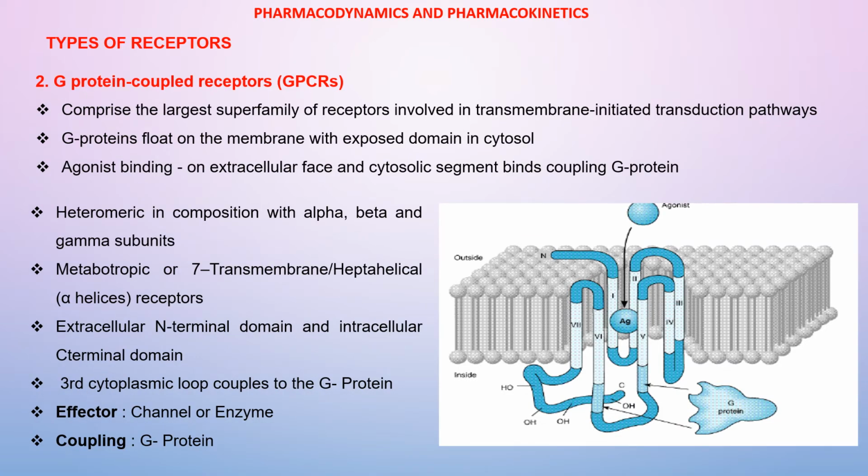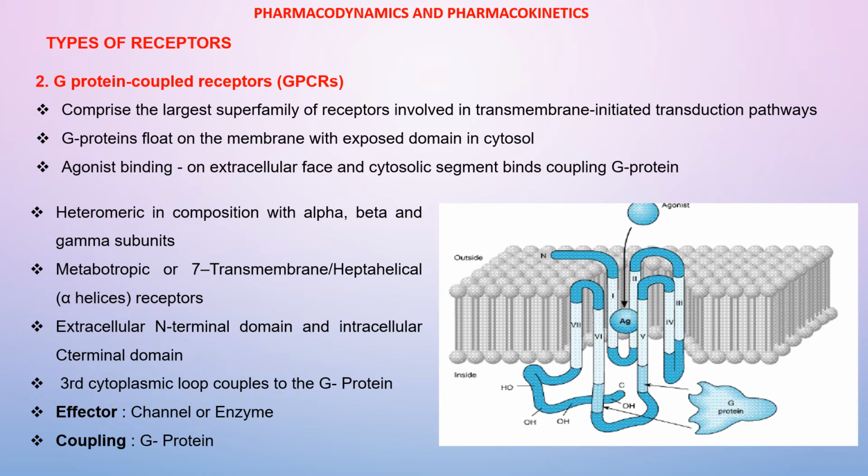Next, G protein coupled receptors. This consists of the largest family of transmembrane receptors. It is a heptahelical transmembrane receptor. Please see the figure on the page, with the N-terminal domain being extracellular and C-terminal being intracellular. The G protein floats on the membrane with the exposed domain in the cytosol.